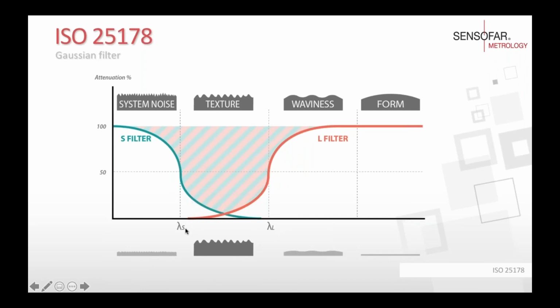So all these wavelengths that are smaller than the number that we have established here are going to be attenuated. So finally, what we are going to have is these small frequencies here that are not going to be attenuated by any of those filters in this case.